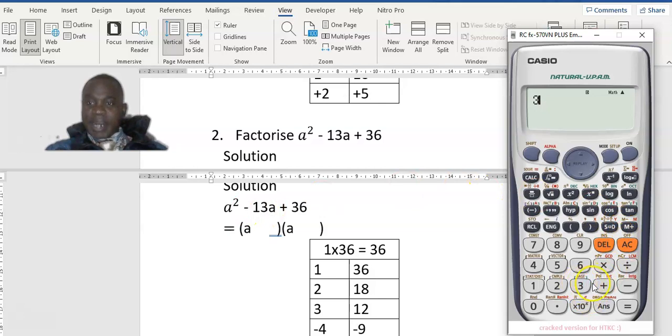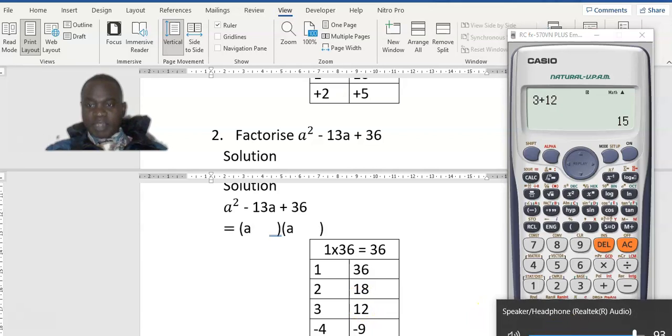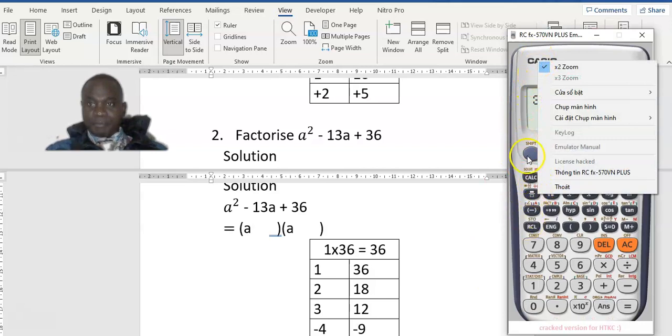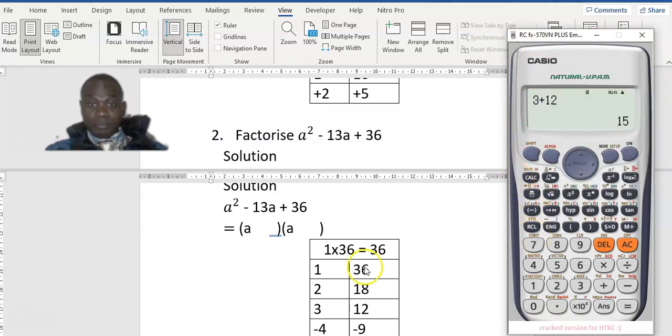It doesn't give us that value, so we can't use that one. Okay, so let's use minus. So we are going to say minus 3 minus 12. Oh, it doesn't give us minus 13. It gives us minus 15. So we can't use 3 and 12.